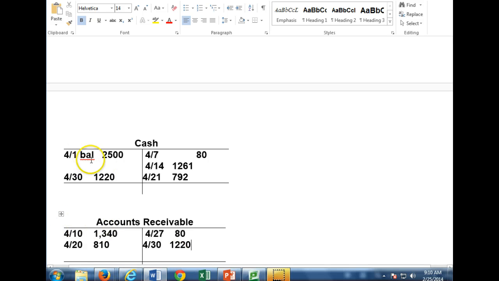We started with a $2,500 balance, and then we added to the debits $12.20, and then we're going to subtract the credits, the 80, the $12.61, and the $7.92. What does that give our new balance? Anybody?